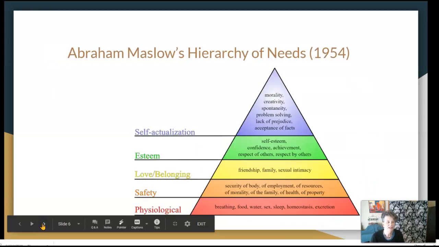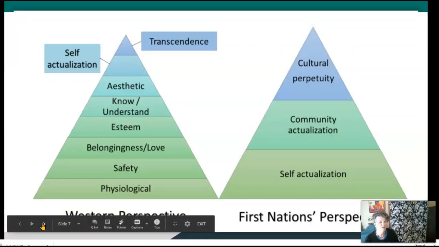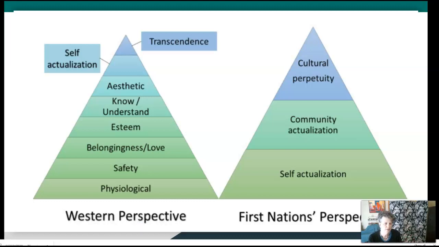You may be really familiar with this model, but I want you to start to be aware of both of these models: the Western model that came from Maslow, but also the indigenous model, which contrasts by looking at the whole community and self and community actualization, in comparison with the individual needs model.